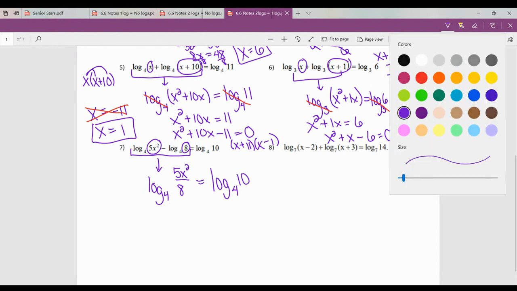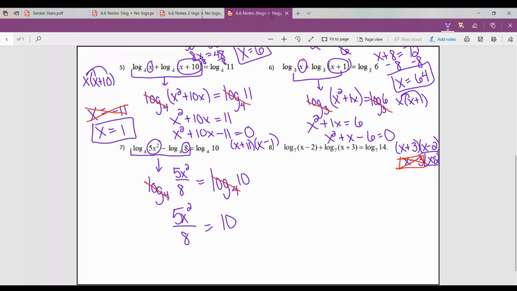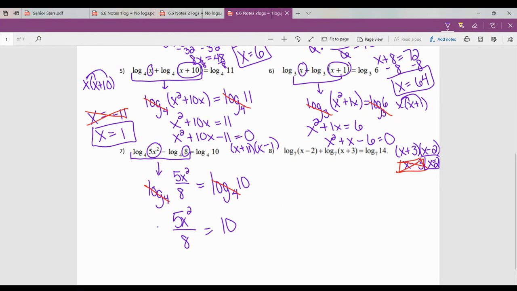Okay, so we're going to take log base 4 on this side and log base 4 on that side and cross them out. And it's going to be 5x squared over 8 equals 10. Now I can't reduce 5x squared over 8, so I'm just going to go ahead and solve. I'm going to multiply by 8 to get rid of the dividing by 8 with the x squared.